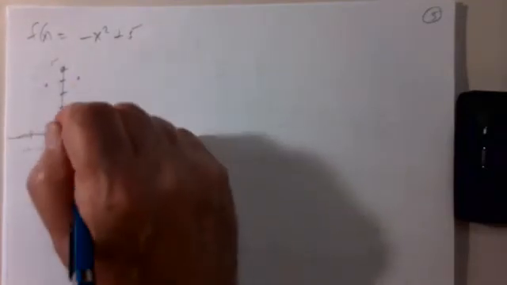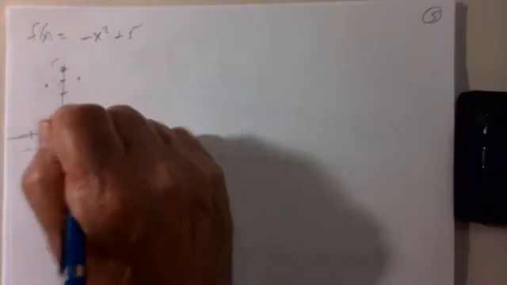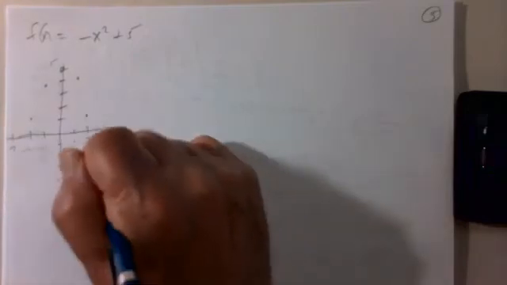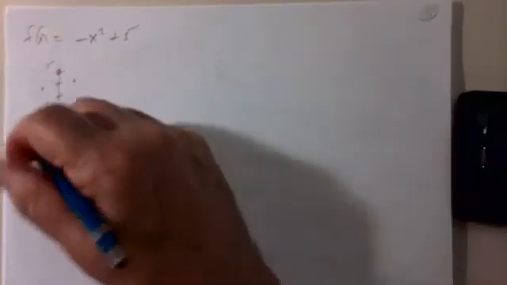When x is 2 or minus 2, it has 5 minus 4, the value 1. When x is 3 or negative 3, 5 minus 9 is minus 4. So this parabola looks something like this.